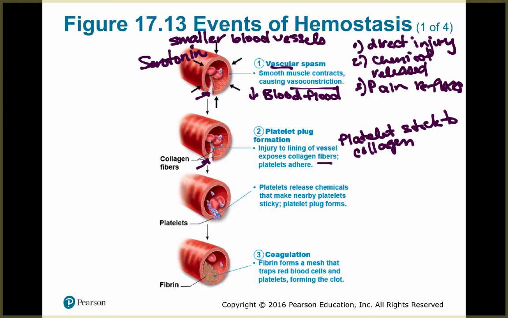Also, as I was saying earlier, nitric oxide plus prostacyclin normally gets released by the lining, the endothelial cells, so platelets don't stick. But in this case, platelets are going to start grabbing onto those because collagen fibers are now exposed.